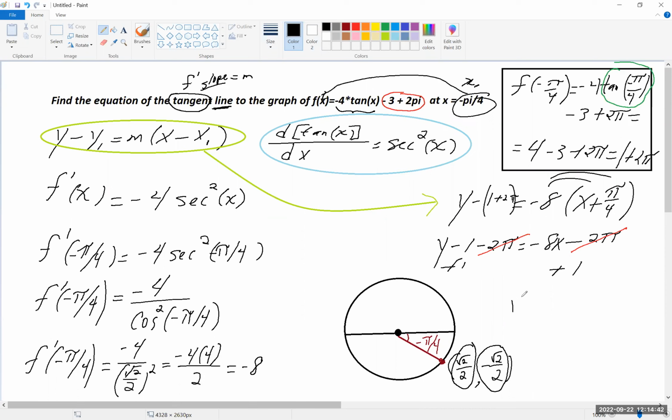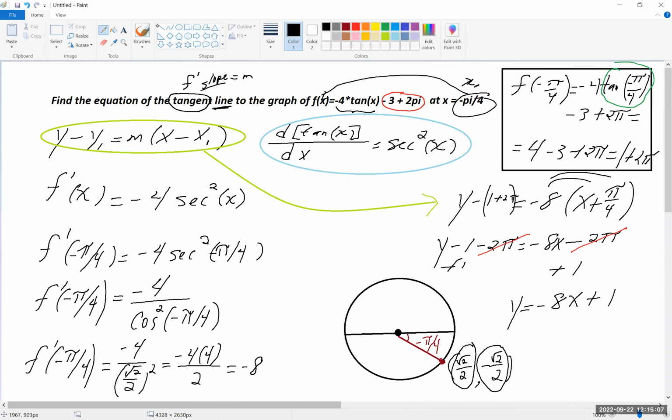So I'm left with y is equal to negative 8x plus 1. And that's the equation of our line. Now, if I recall correctly, you may be asked to graph that.